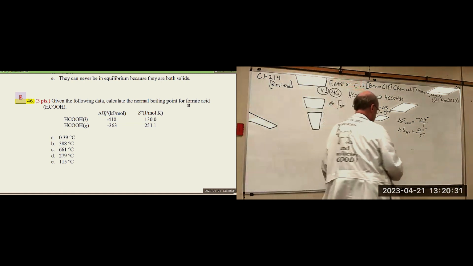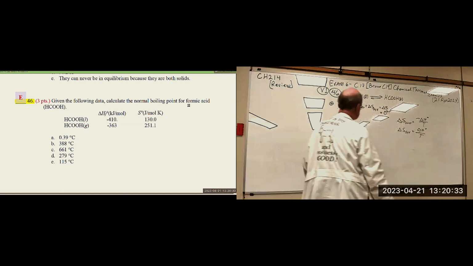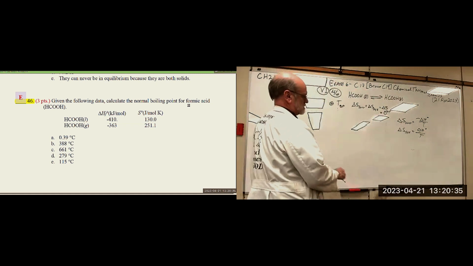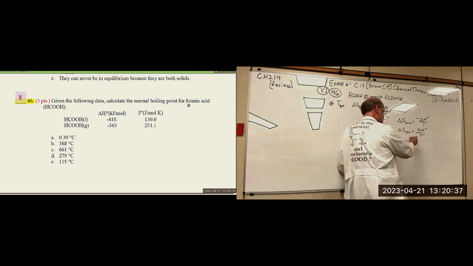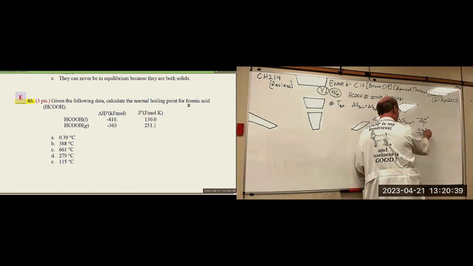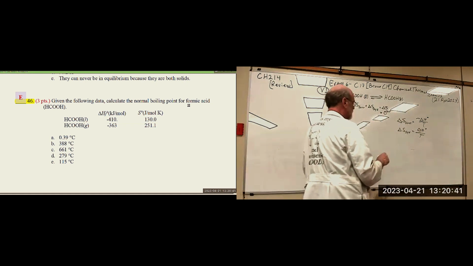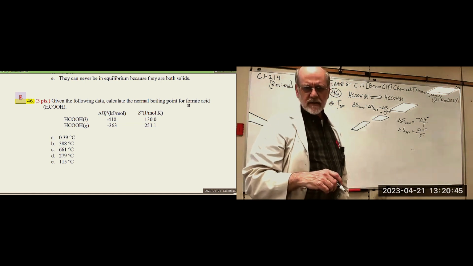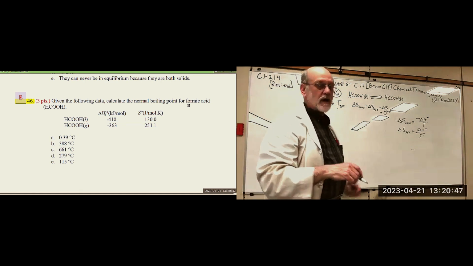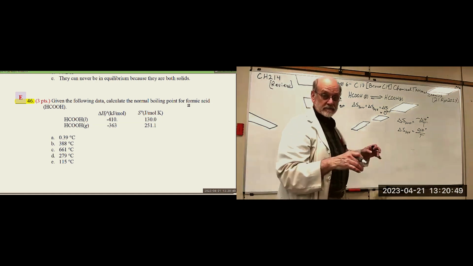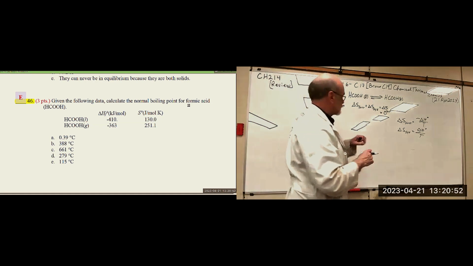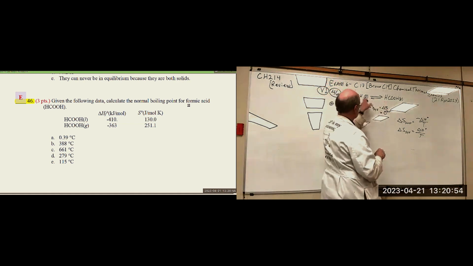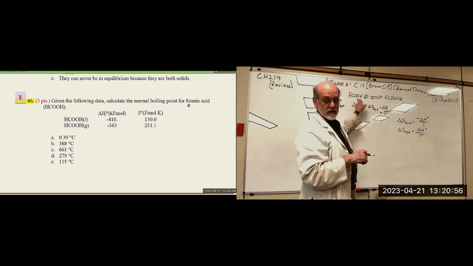So what we're getting at is, what is this one? If we want to find out what this value is, we need to know that one and that one. So what's the delta H for the system? We're going to have to calculate it. The delta H of formation for this one and the delta H of formation for that one.